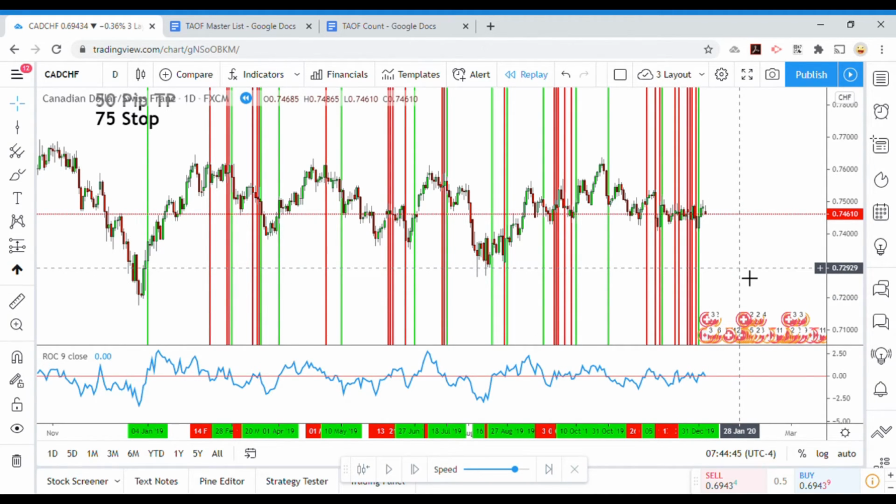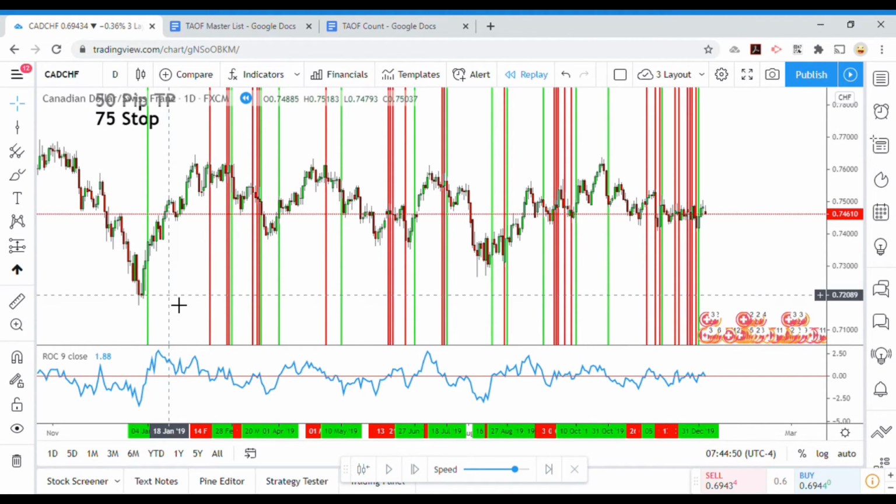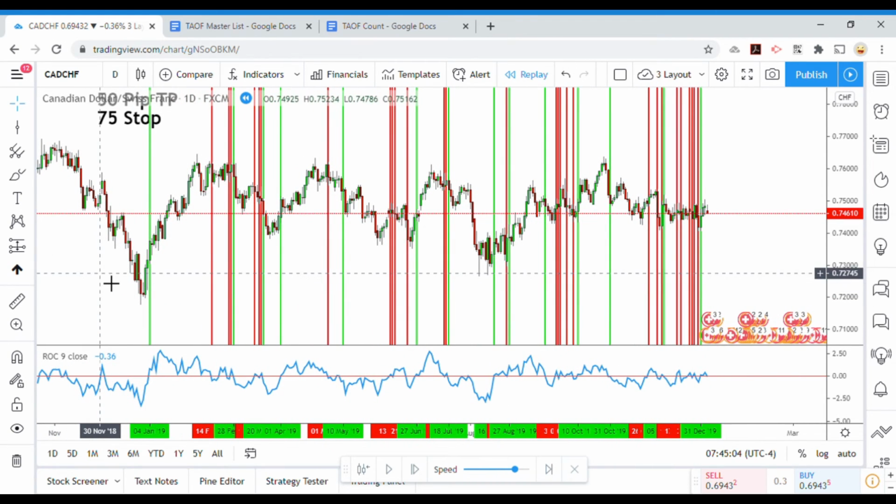So we have 42 trading signals, and we have 1, 2, 3, 4, 5, 6, 7, 8, 9, 10, 11, 12, 13, 14. So unfortunately, we do not get near the 60% that we need.